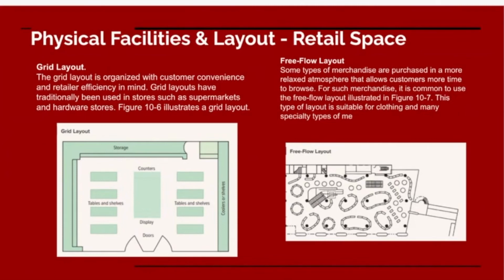Other stores, depending on what they're selling, might appreciate a free flow type system where there are like little stores within the big store. So little sections. I've been into Bass Pro, or Bass Pro got bought by what is the name of that?